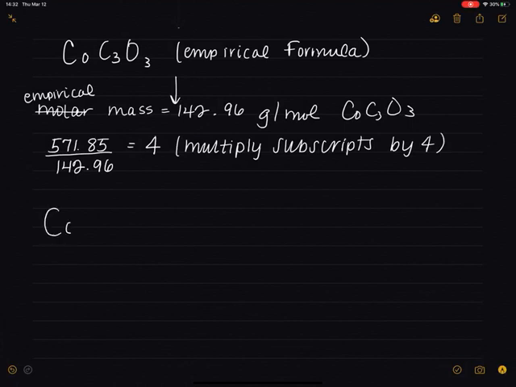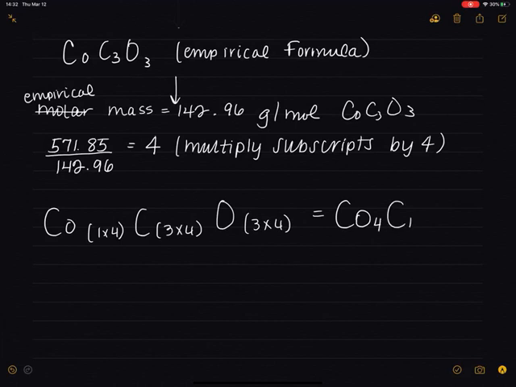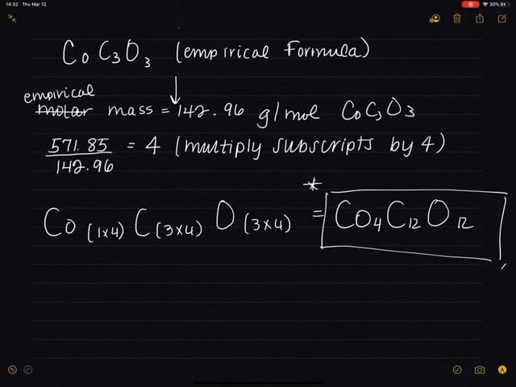So here's the key to advancing in this problem. Take the molar mass we're given, divide it by the empirical mass, and that gets me my multiplying factor. If I multiply my empirical mass by 4, I get my molar mass.